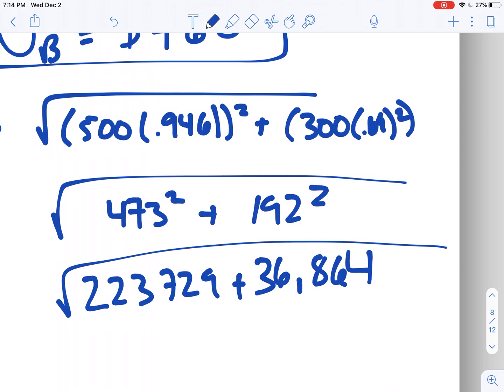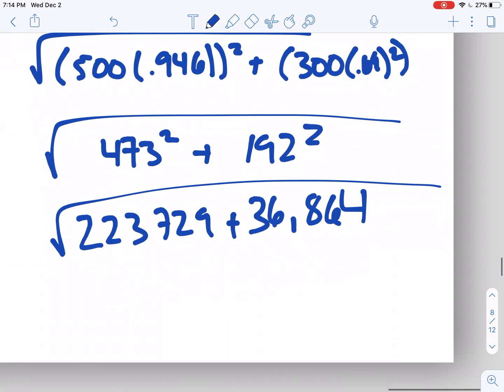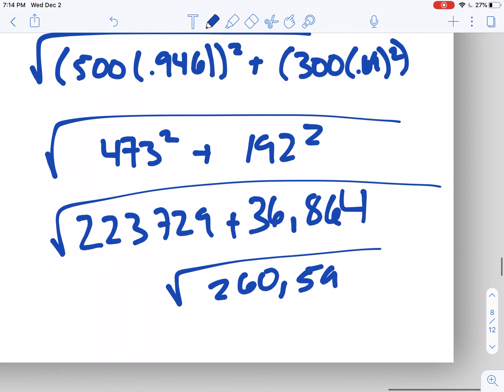Add these two numbers together, and then we'll take the square root of that number.